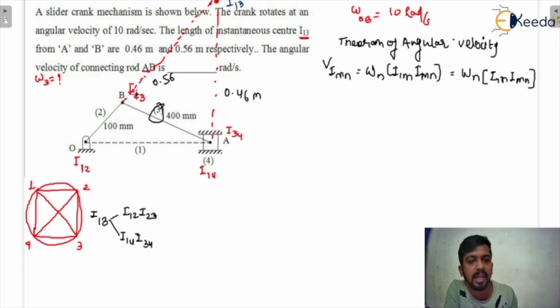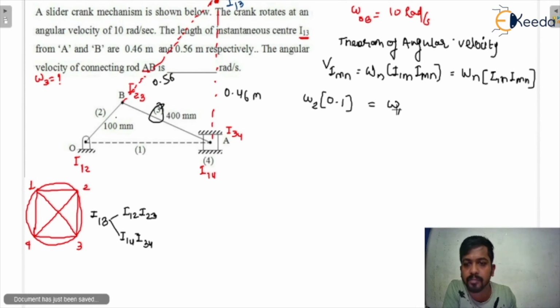Now we have to calculate omega 3. That means we are considering link 2 and link 3, because omega for link 2 is given, that is omega 2 is 10 radian per second. So here I am going to write omega 2 multiplied by I12-I23, the length is given, that is 0.1 meter, that is 100 mm, equals omega 3 multiplied by I13-I23, that is 0.56.